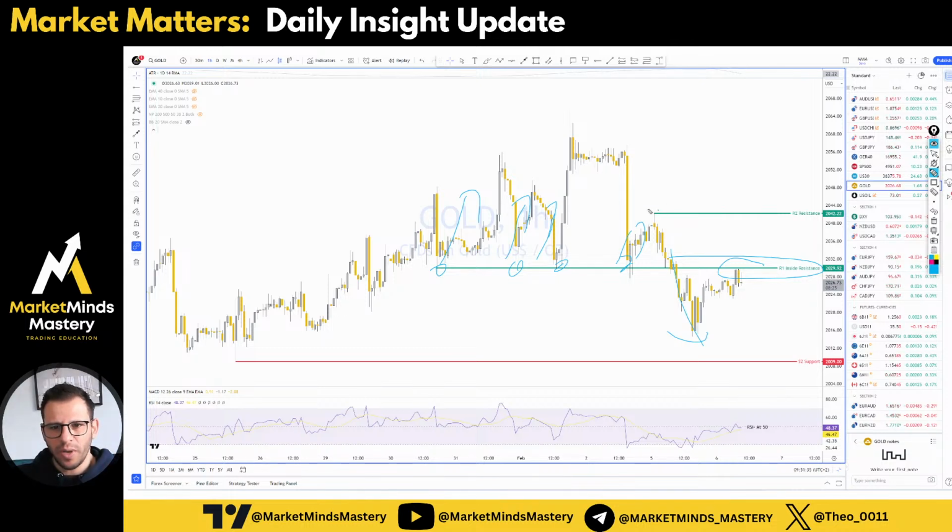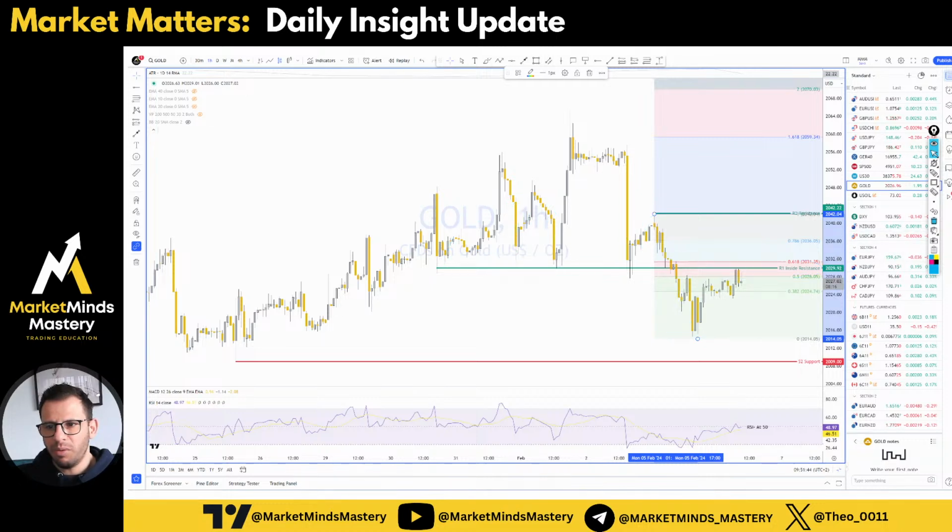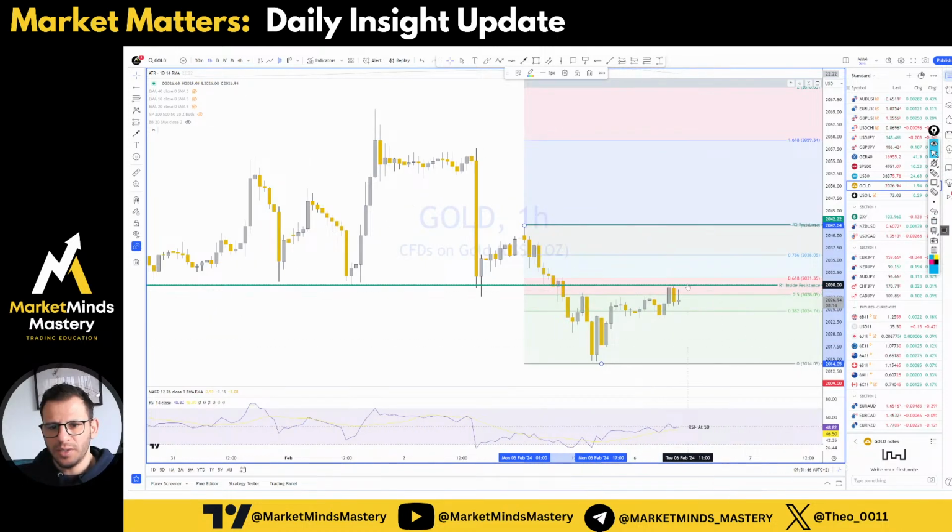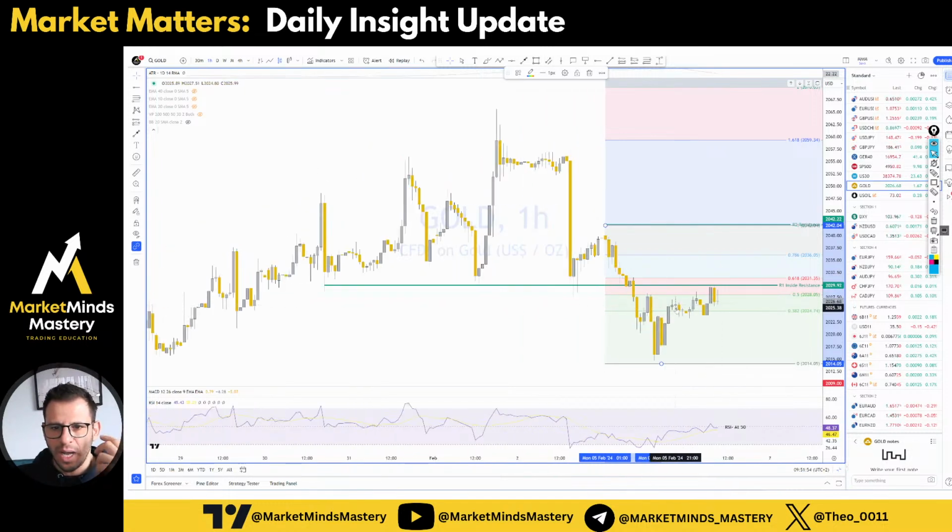If someone is trading from this swing high to this swing low, a Fibonacci maybe applies here. And the price, let's check, is sitting between the 61.8% and the 50% retracement. So it might be a good area to look for short.